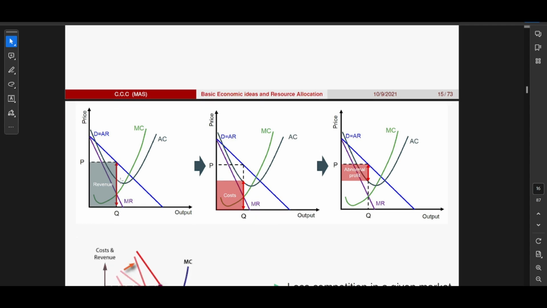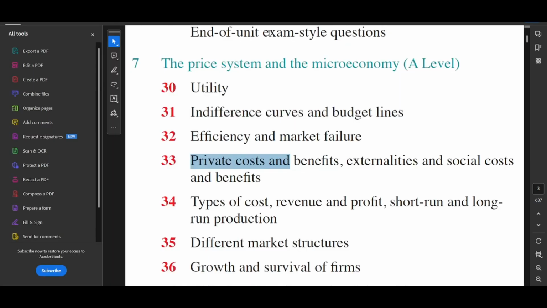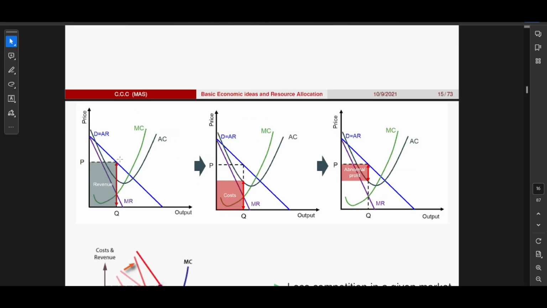Here we have the marginal cost, the average cost, and the demand curve, which is equal to the average revenue in this situation. When we get to chapter 7 and learn about the firm, we're going to learn why the average revenue is also the demand curve.